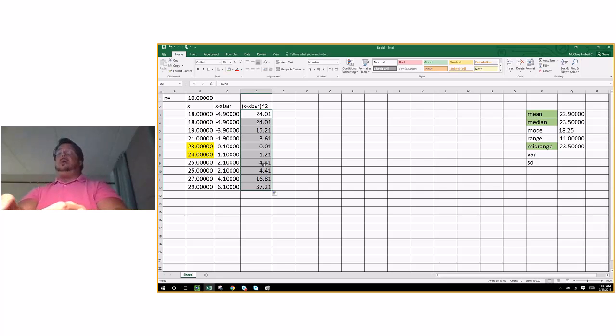All right, now I'm going to add all those up. We'll go down here and add all those up. And that is my numerator for my variance. So I'll go over here and say, okay, I need to take 130.9 and divide that by 9, which is 10 minus 1. And y'all's variance should be 14.54.